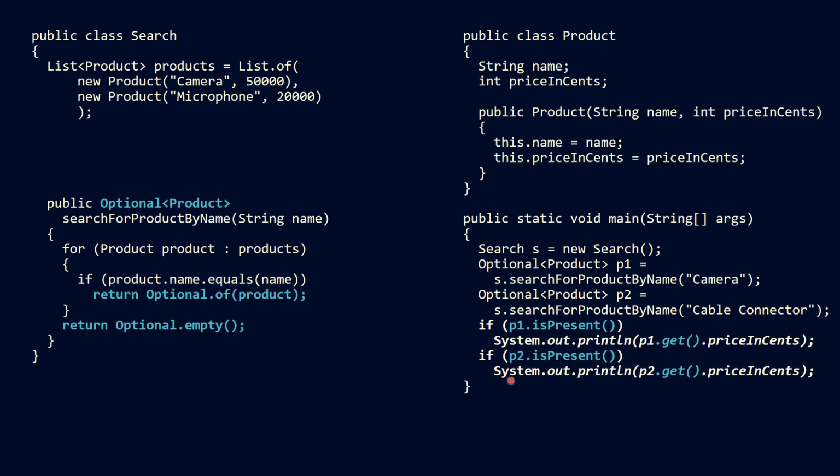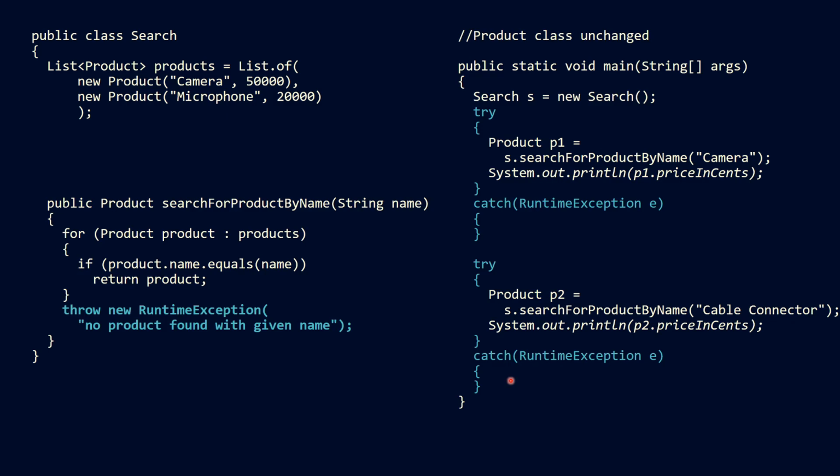We can go one step further and we can also investigate whether an exception would be a better solution. Well, let's look at that. Instead of returning null, we can throw a runtime exception, for example, that we did not find a product with a given name.